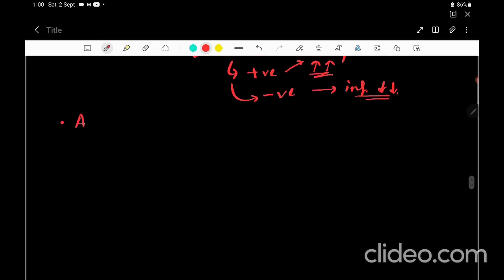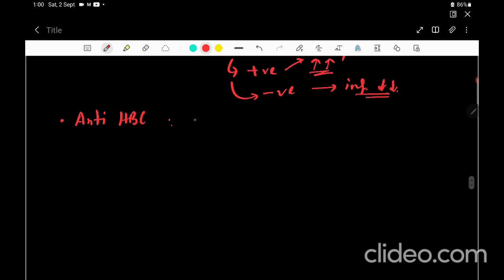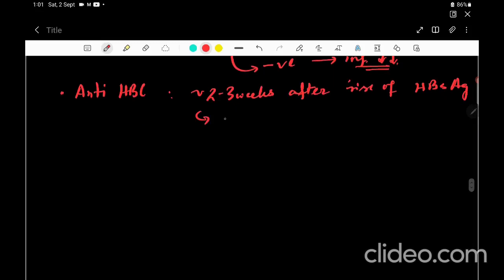Then we have the anti-HBC, which is seen around 2 to 3 weeks after the usual rise of surface antigen. And initially anti-HBC IgM is positive.